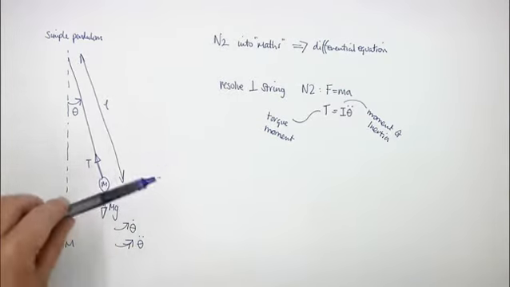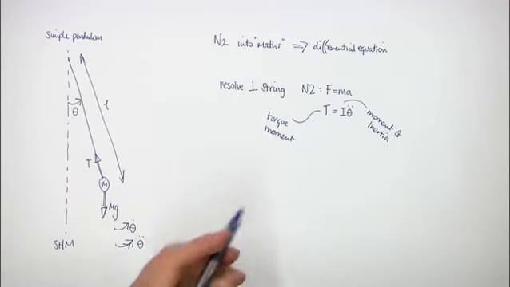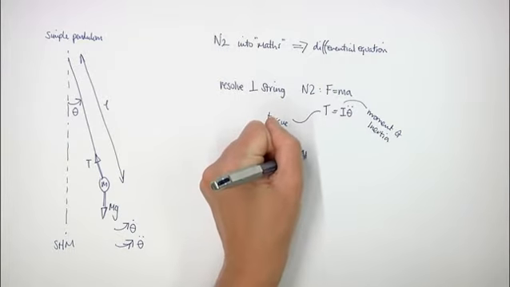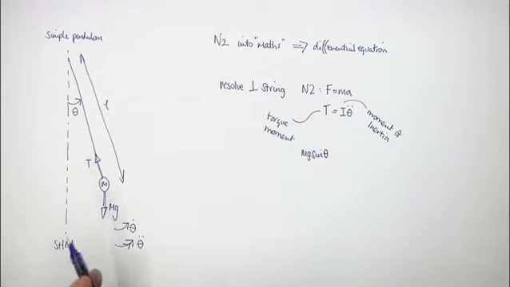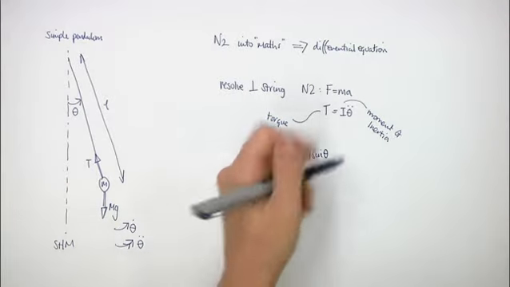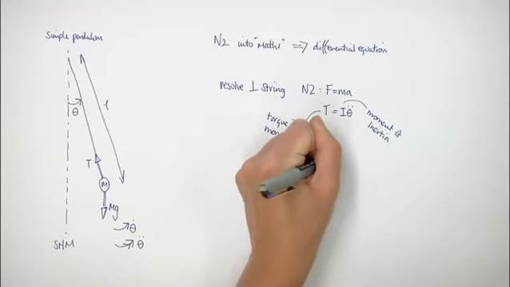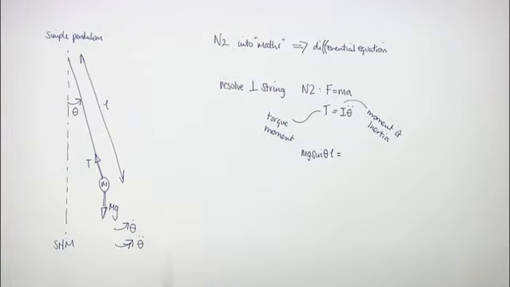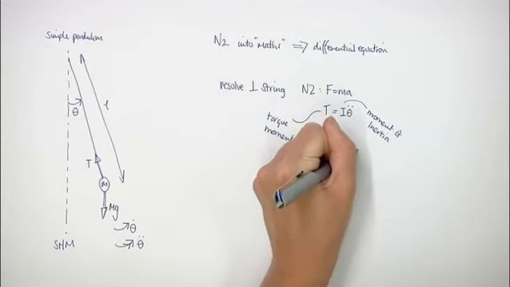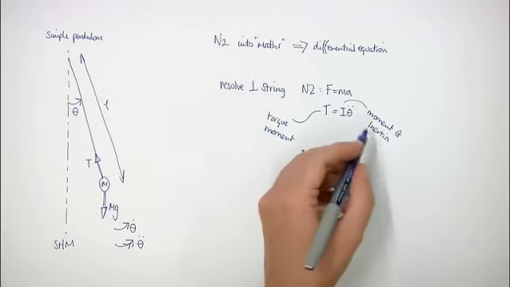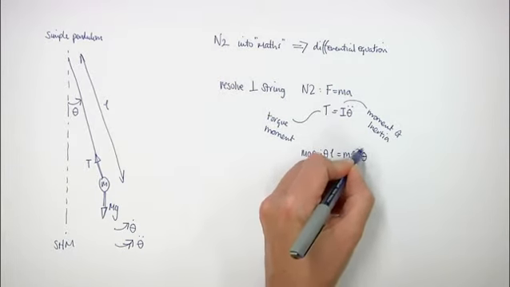So, resolving perpendicular to the string, we get mg sine theta times the distance L, and that's equal to the moment of inertia. So for a point mass, that's just m times L squared, and then theta double dot.